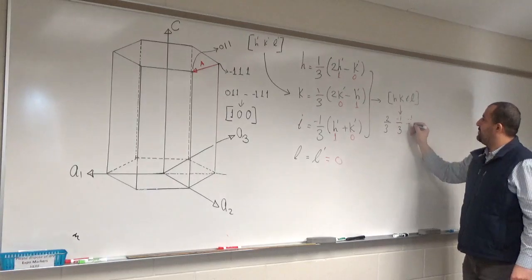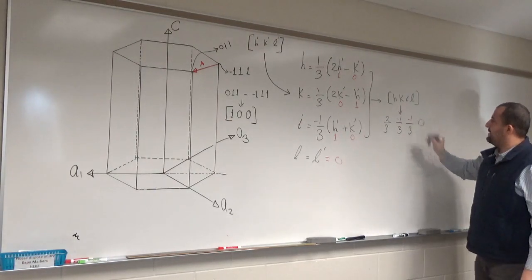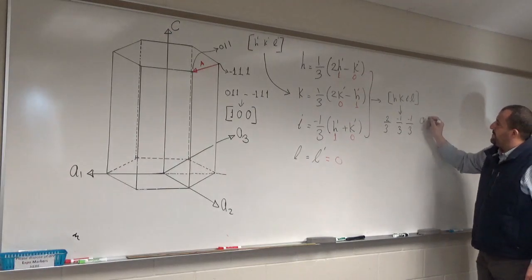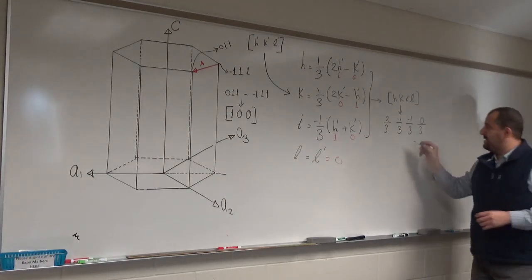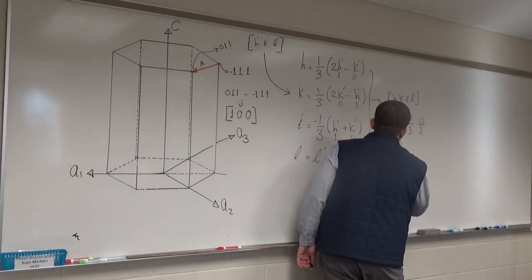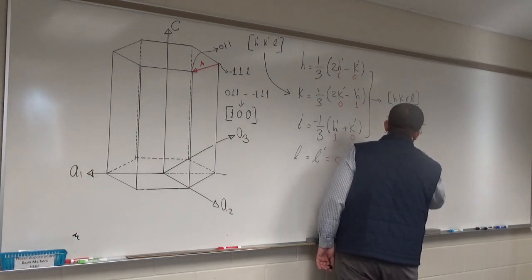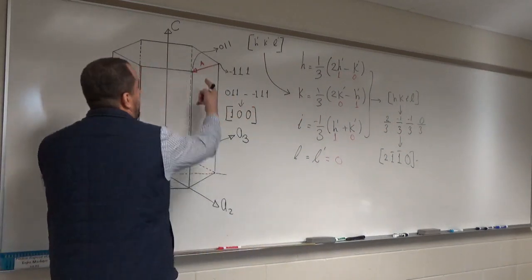And when we come to l, we have 0. It is okay to have 0/3 because that's equal to 0. And you can see now Miller indices are 2, -1, -1, and 0, for this direction.